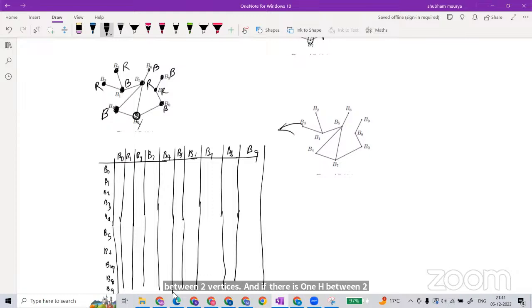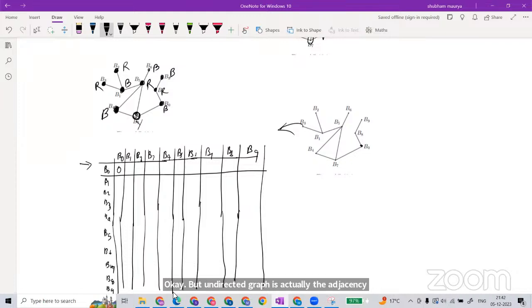We go row-wise and cover the columns. An edge from B0 to B0 has no meaning, so in that case you always put 0. This is for an undirected graph; for a directed graph it would be different. For an undirected graph, the adjacency matrix is symmetric.